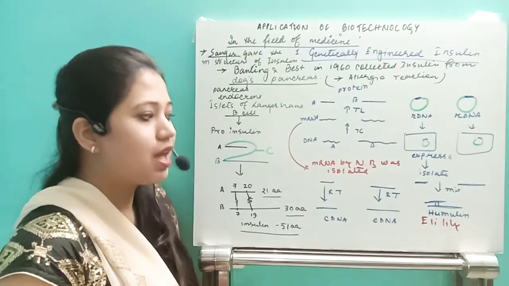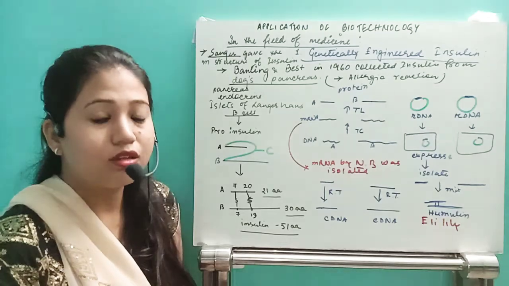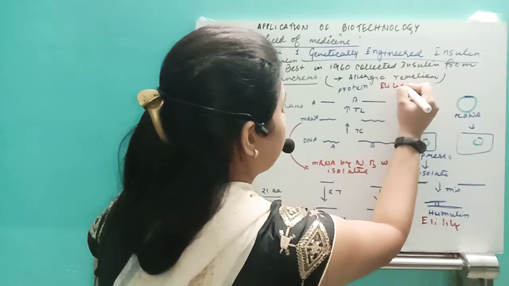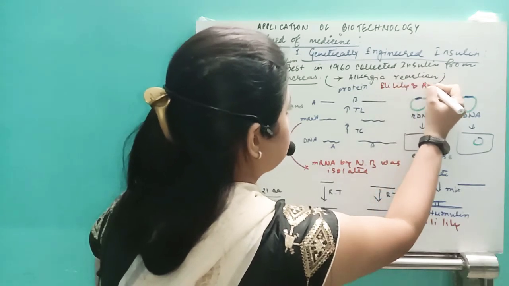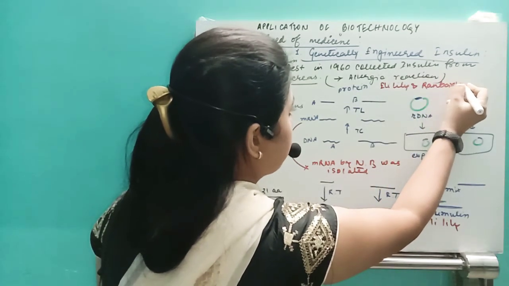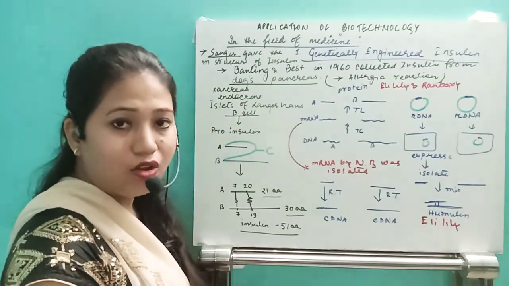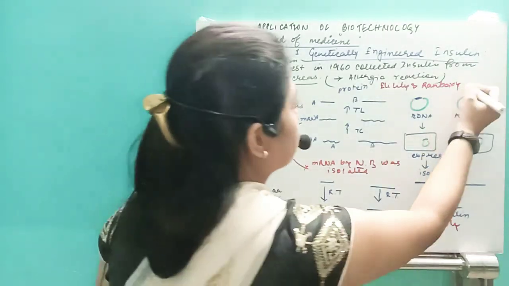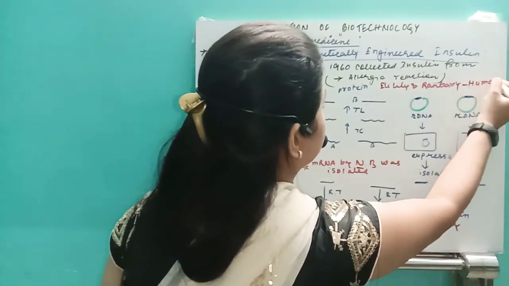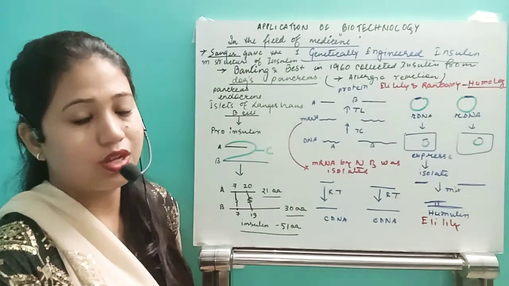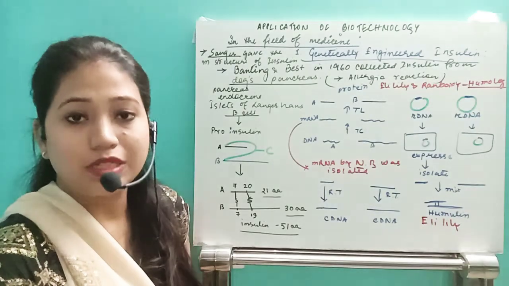Later on, two companies, Eli Lilly and Ranbaxy, both these pharmaceutical companies developed one analog of human insulin that was known as humalog. And this humalog is now used to treat diabetic patients.